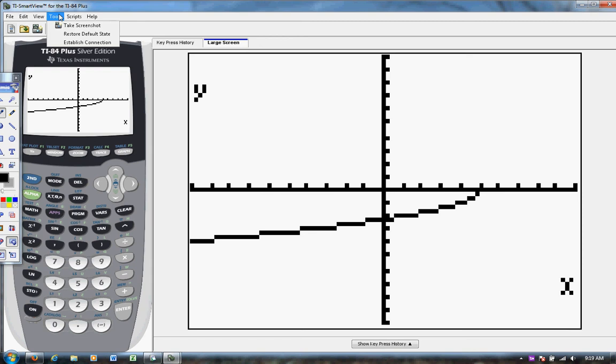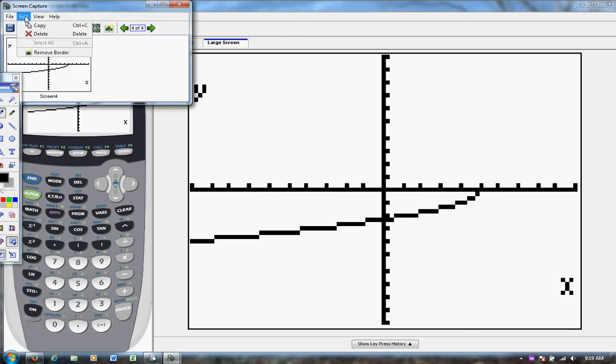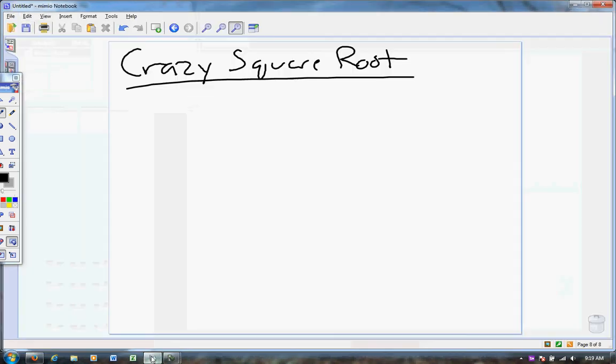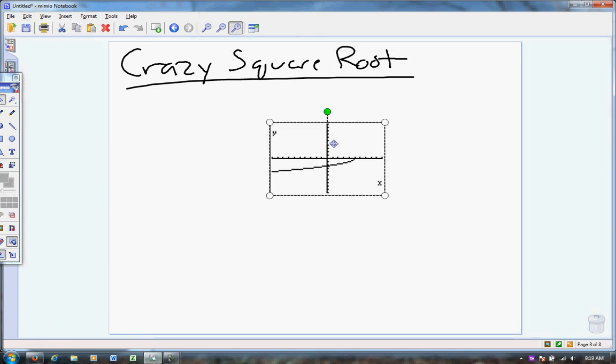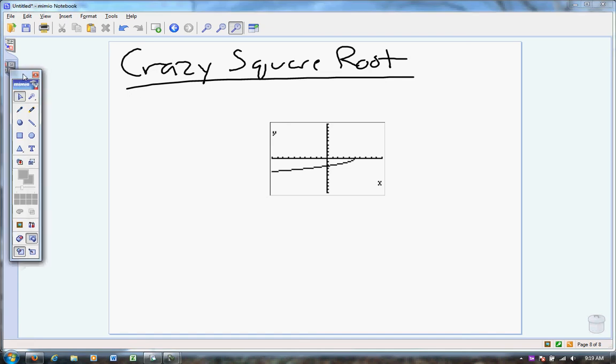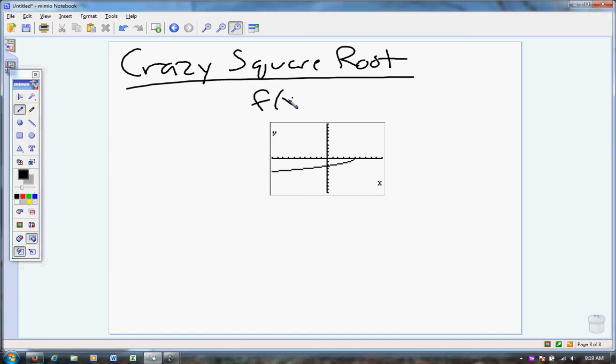I'm going to write on this thing. This graph right here, this function that we graphed, was f of x equals the negative square root of negative x plus 5. And to me, there's no real sensible way to think through the reflection order on this thing.